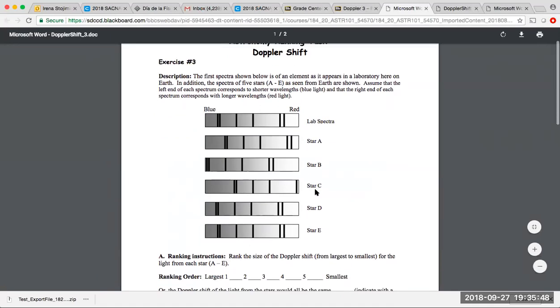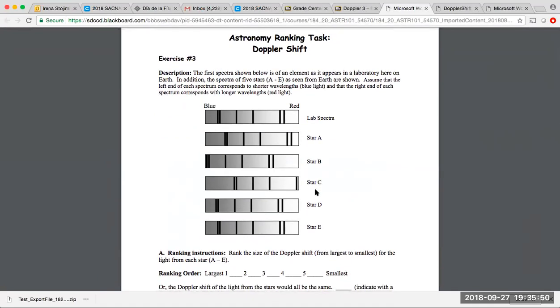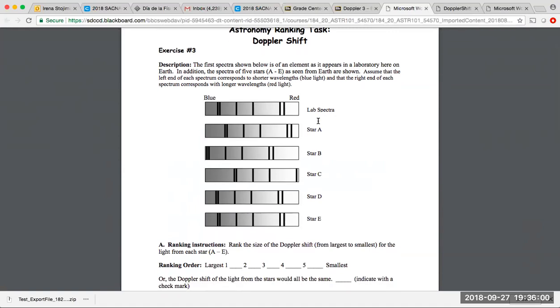Okay. Now this one has too many of them, so I usually use a ruler and draw a line to be able to answer this. But let's see. You read and tell me what you think.